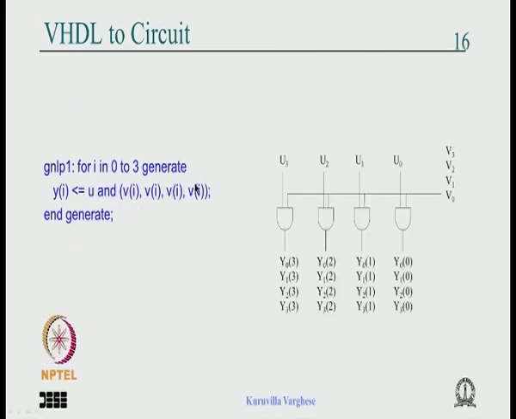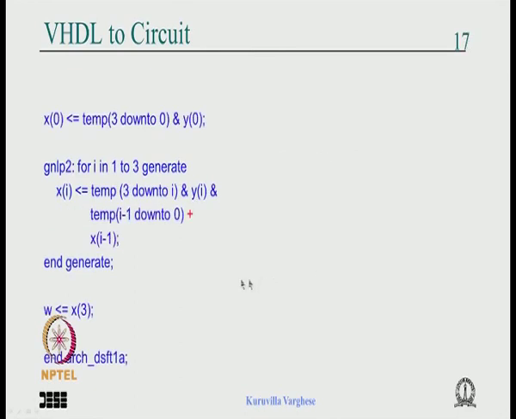So earlier Y0 was appended, now we append the Y1, it is appended with 3 zeros, Y1 and temp I minus 1, that is 1 minus 1, temp 0 down to 0, that means 0 only, 1 bit, so you put a 0 here, that means 3 zeros, Y1 and 1 zero.